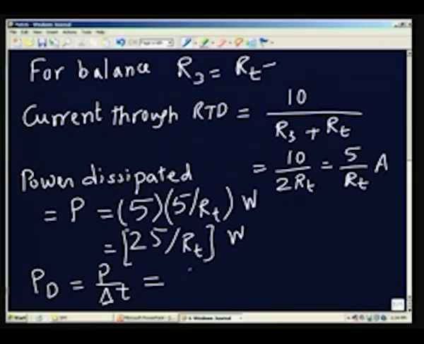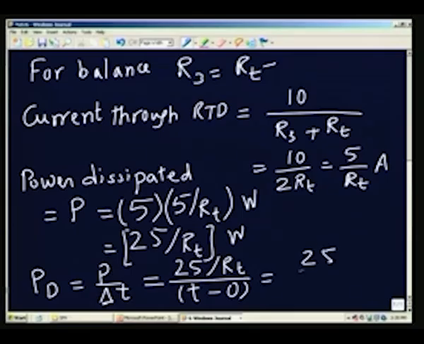In this case power dissipated is 25 divided by RT, and delta T is what I want to find out. Delta T is nothing but T minus 0, because the ambient is 0. Therefore, I can write it as 25 by T times RT, and Pd is already given, and therefore I can get the value of RT from here.